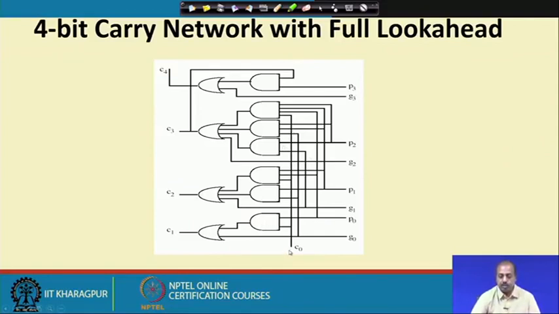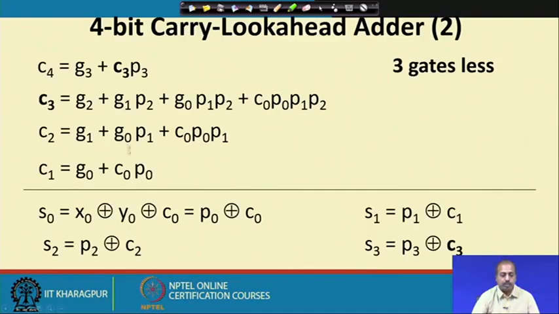This C 0 goes to all the stages, then this G 0. This is actually the carry network, where C 1, C 2, C 3 and C 4 are generated. Okay. They are based on this generate and propagate logic, coming from these expressions. This is a straightforward implementation of these expressions.